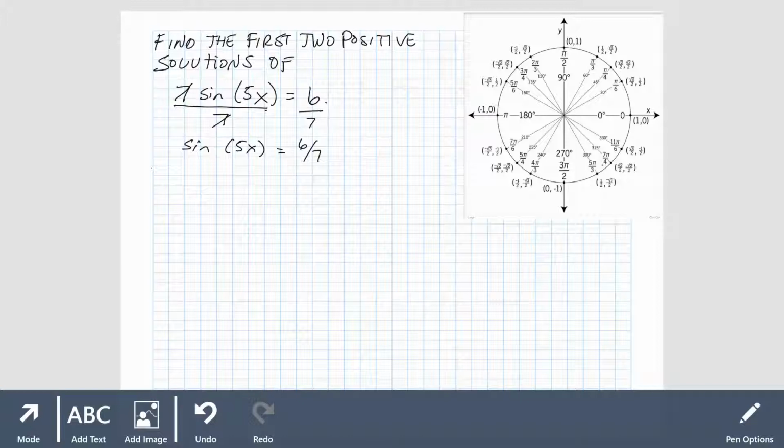To get rid of the sine function, I can't just use my picture, so I'm going to have to use my calculator. I need to find the inverse sine of 6/7.